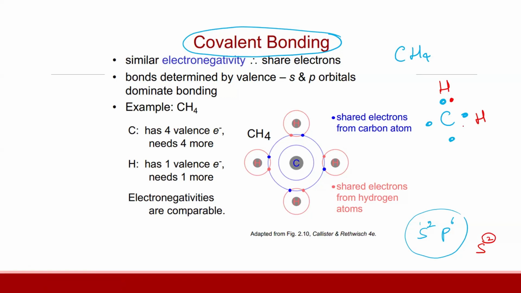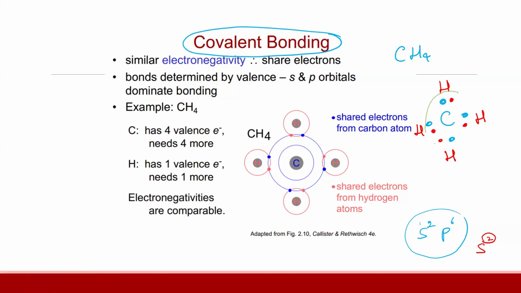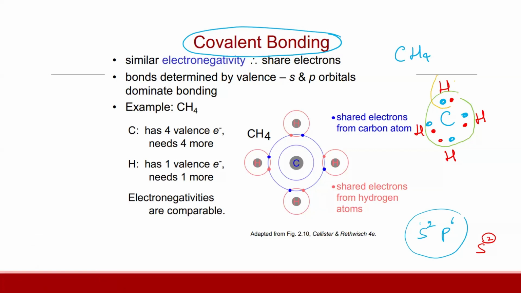So what hydrogen and carbon are doing is sharing electrons together. These red dots are hydrogen electrons, and blue dots are carbon electrons. Around the carbon you have 8 electrons, so carbon is stable by sharing electrons. Around hydrogen you have 2 electrons, so hydrogen is also stable. This kind of bond we call the covalent bond.